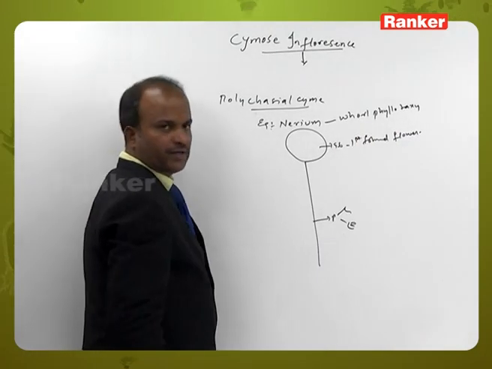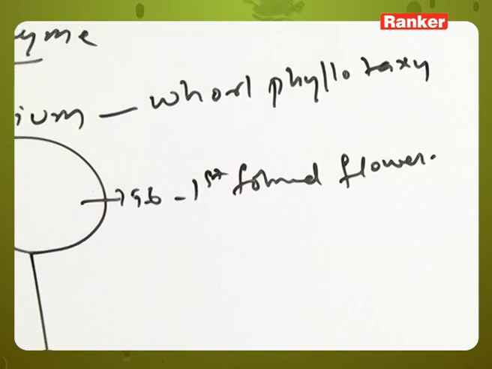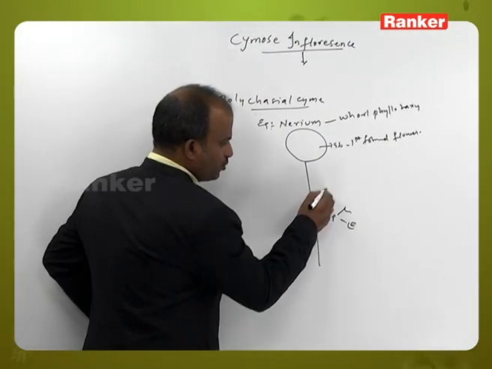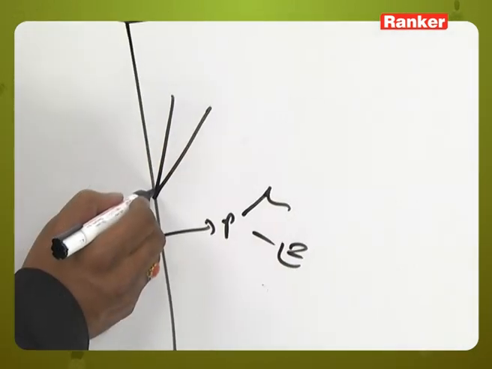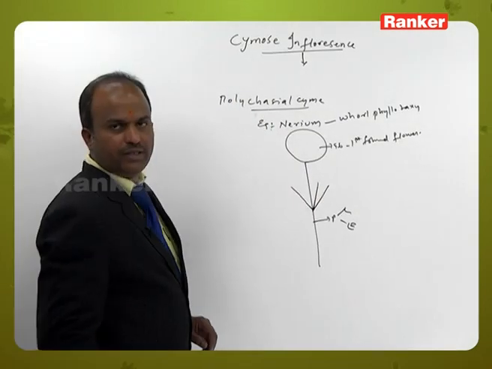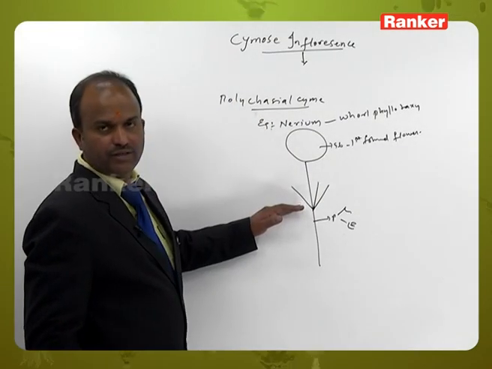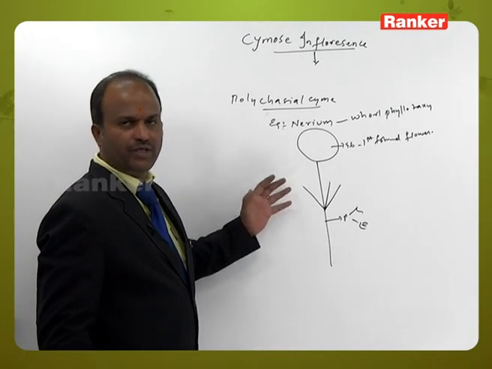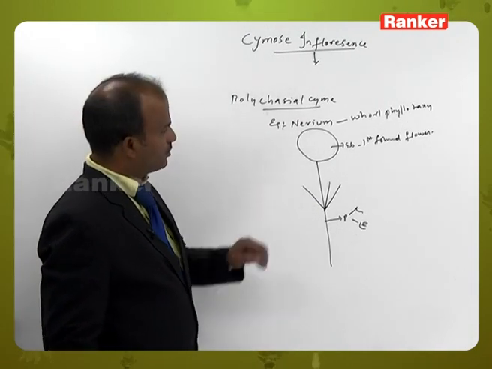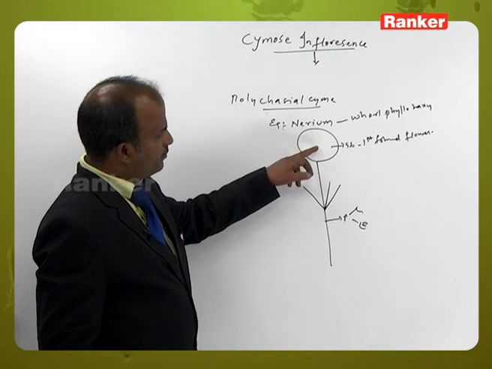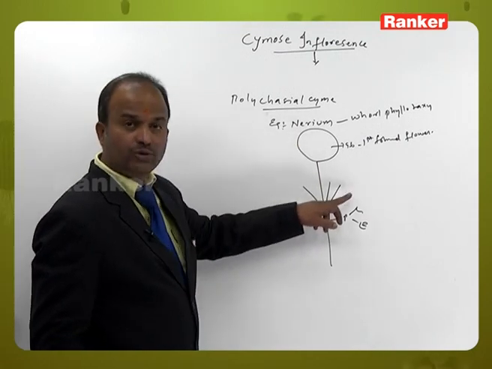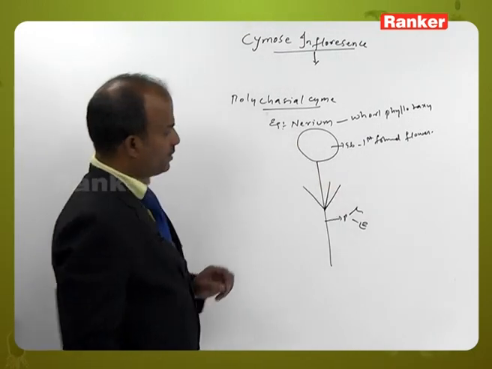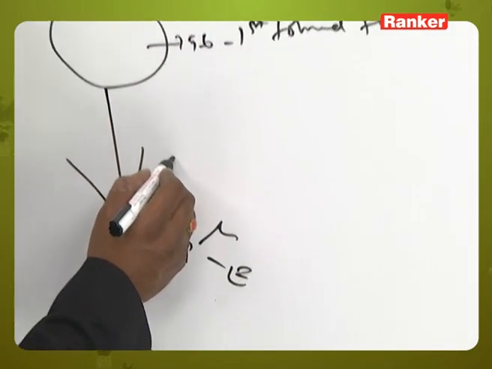From the base of the first formed flower, more than 2 branches are developed. More than how many branches are developing? More than 2. I am not saying 3 branches here. More than 2 means that may be 3, 4, 5, 6, 7, 8 also. And these branches also show definite growth.